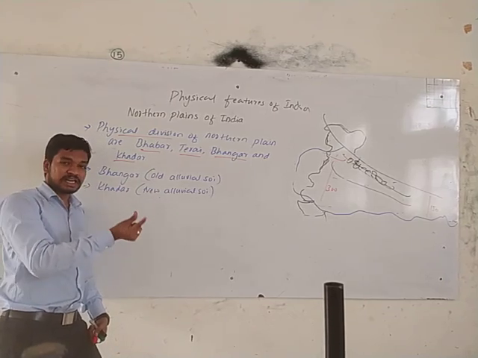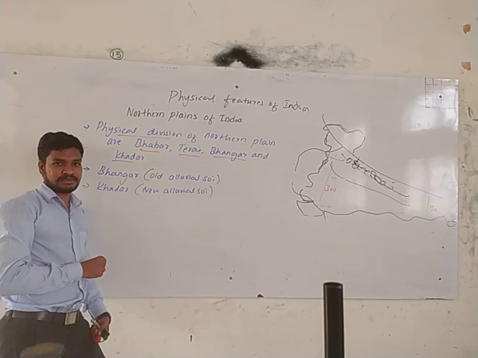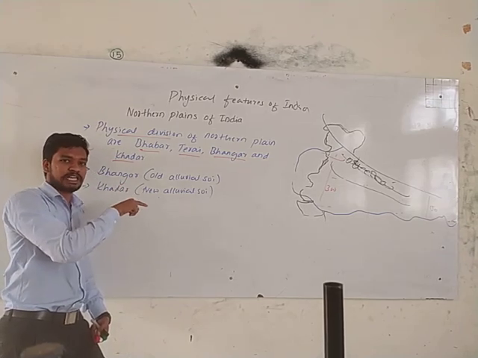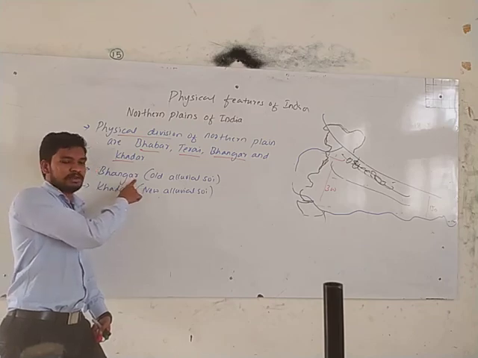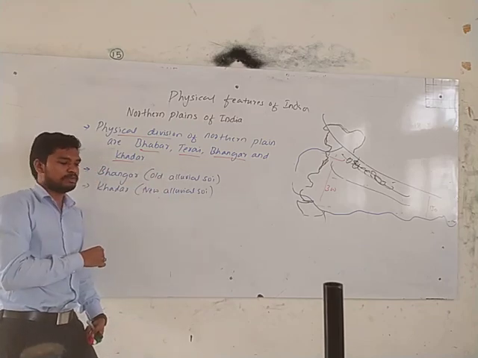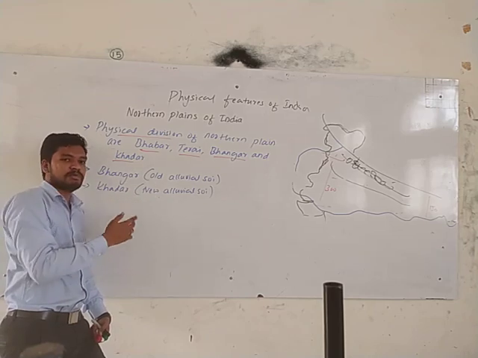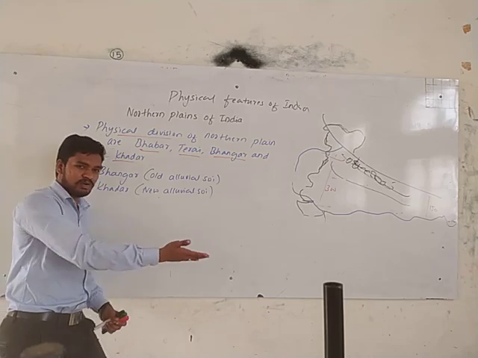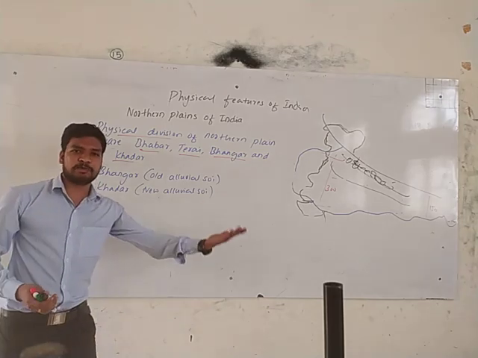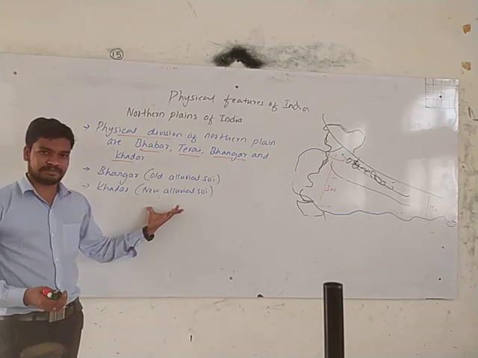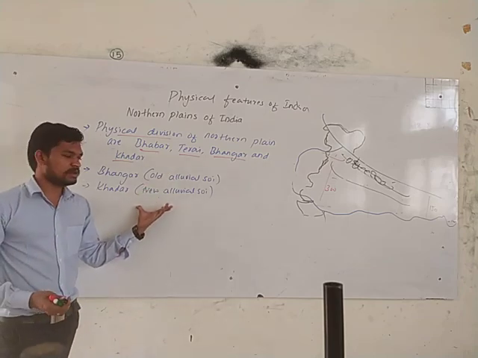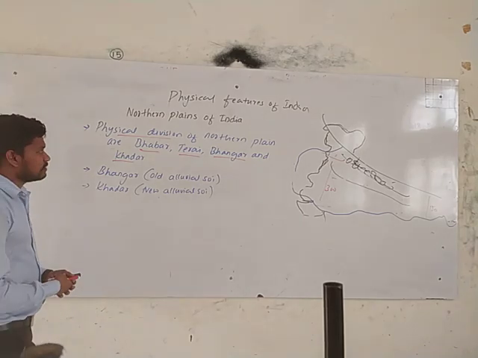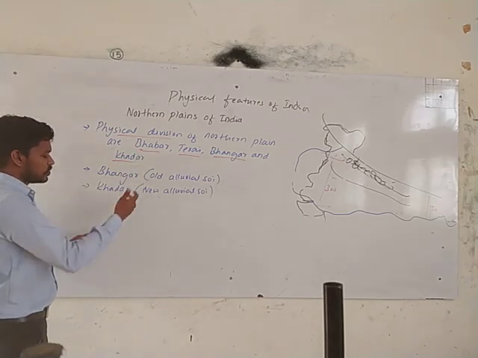That means it will have more fertility, more humus. So the Bangar is fertile, but the Khadar is more fertile because it's newly deposited alluvial soil. So Bangar is old alluvial soil and Khadar is new alluvial soil. Is that clear? That's about the physical divisions, meaning the soil.